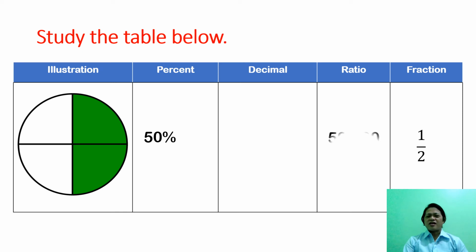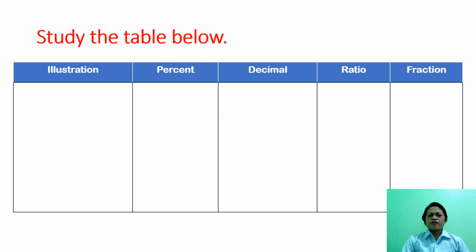Very good. It is 1:2, and in decimal form, it is equal to 5/10 or 50/100. Did you get it? Very good. Anyone who would like to fill in the data for the table?